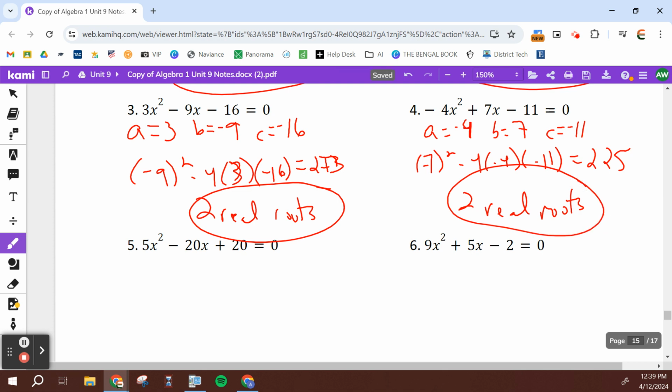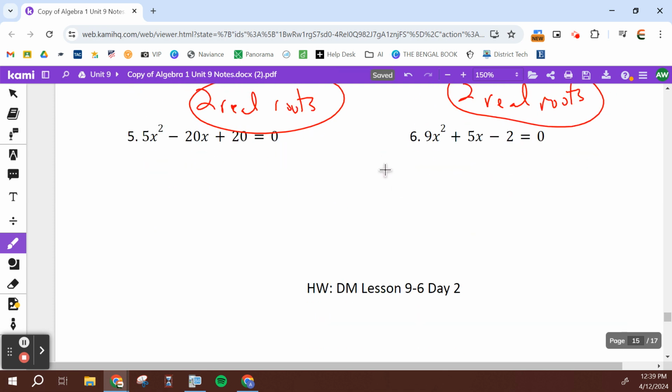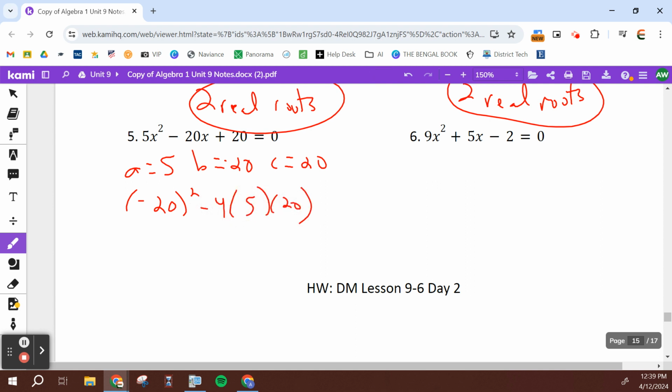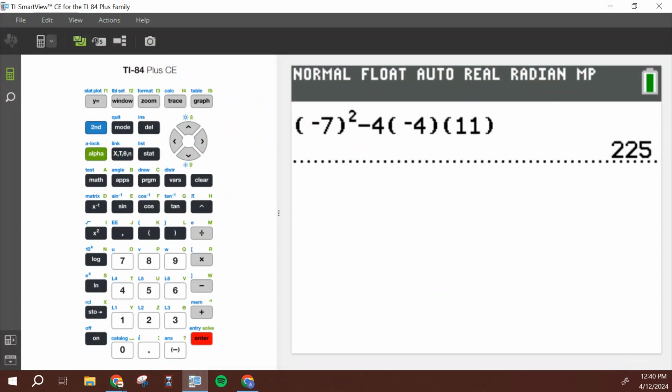So that means we get 2 real roots. Okay. All right, last 2 here. We have A is 5, B is negative 20, C is 20. So plugging in, negative 20 squared minus 4 times A is 5 and C is 20. So go into my calculator. Don't outthink these.